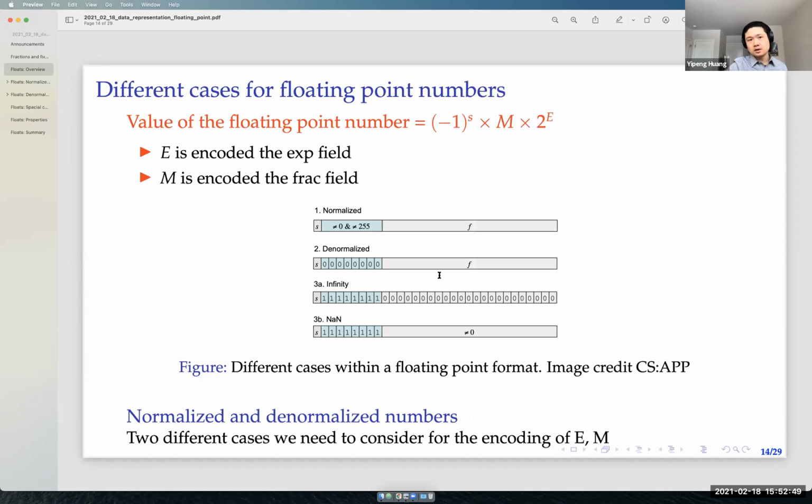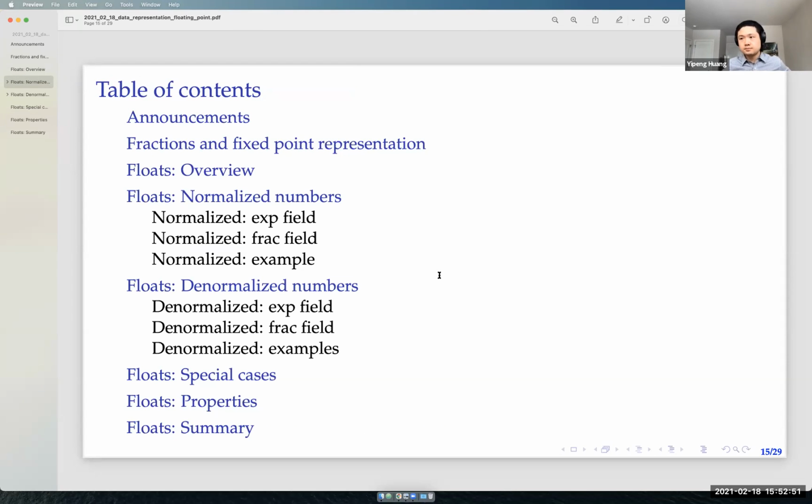So first we'll cover normalized numbers. This is going to be the more common kind of floating point number that you have to understand.